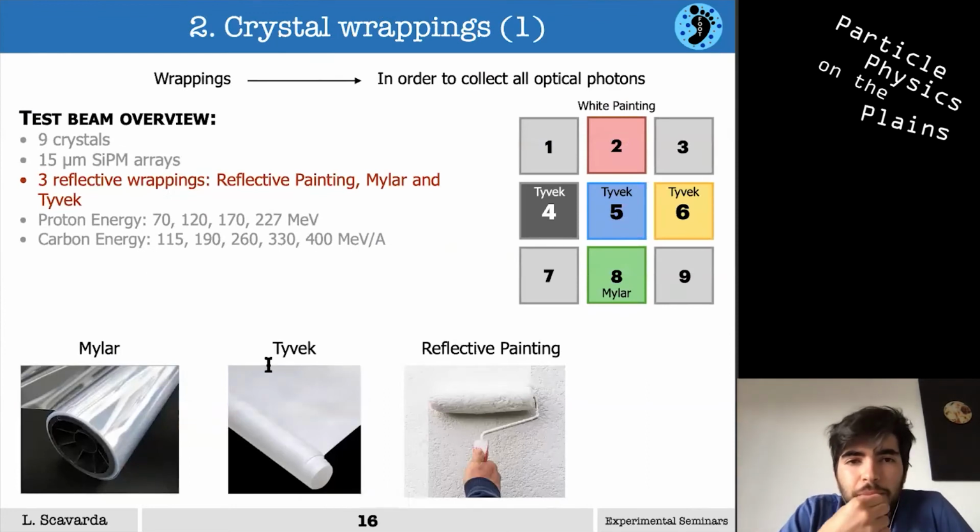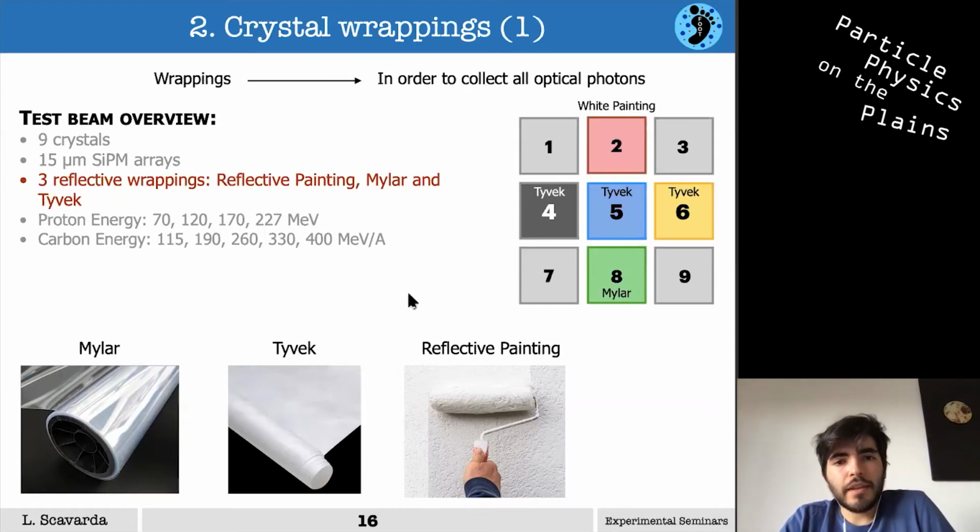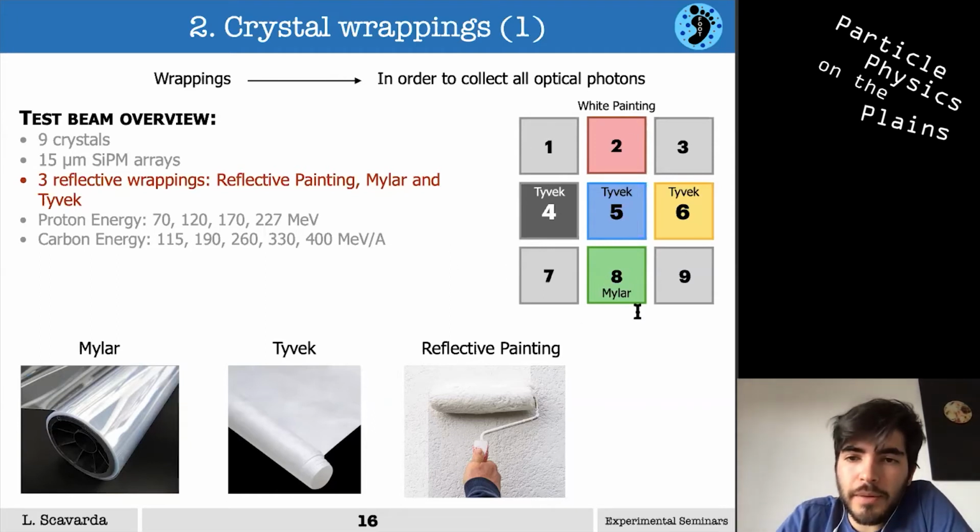Okay, the second test beam that we performed was in order to choose the wrappings of the crystal, because thanks to the wrapping, we can collect as many photons as we can. So in this test beam, again at CNAO, Fondazione CNAO, we used for the first time a module of the calorimeter, so 9 crystals together.